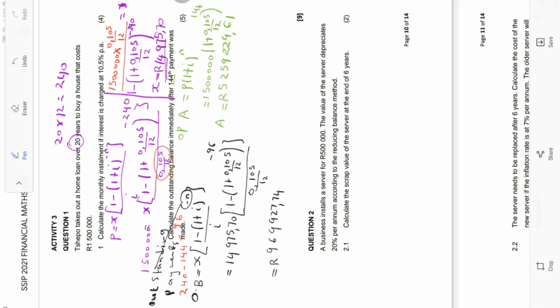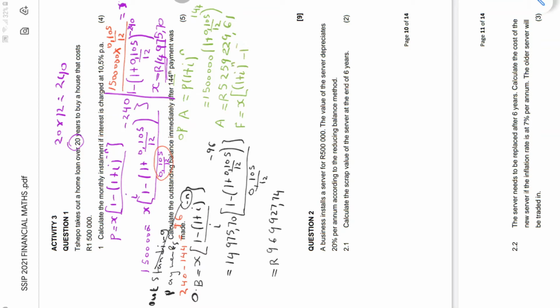Then two, you have to work out the future value of the loan after 144 payments. So we use our F equals x times [(1 plus i) to the power n minus 1] over i.